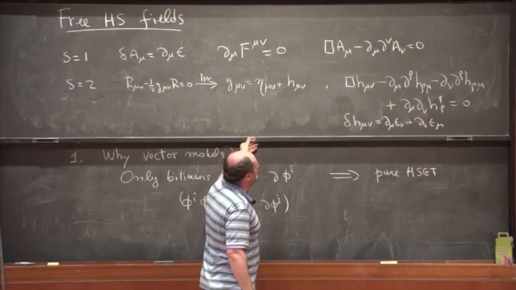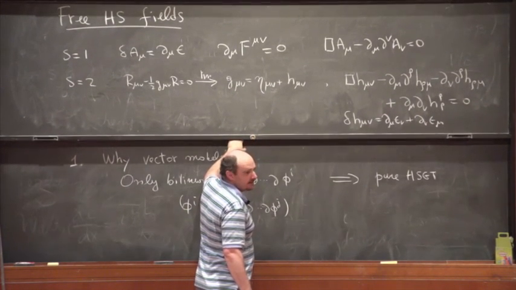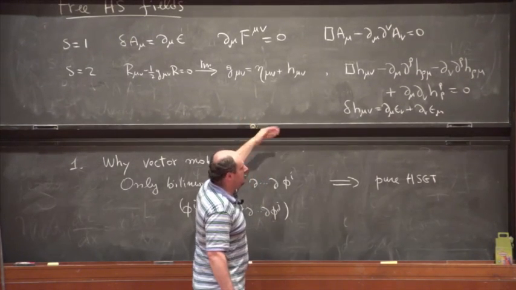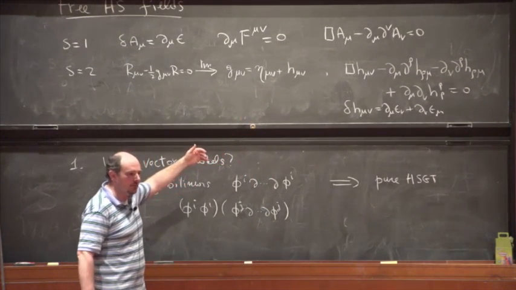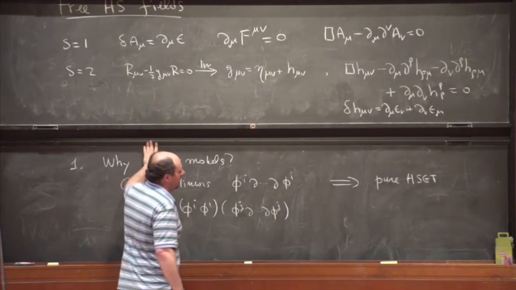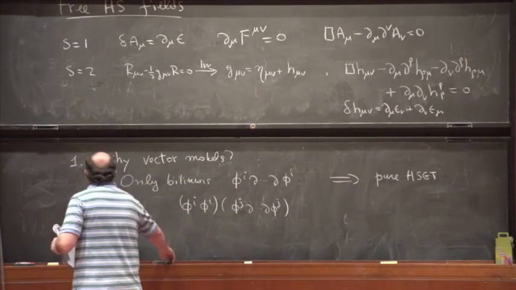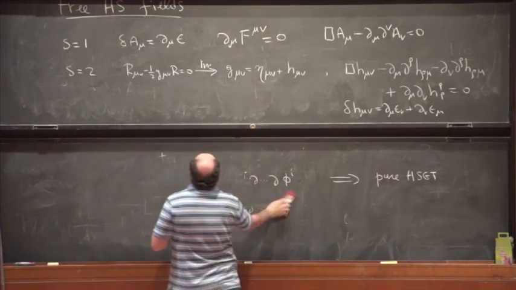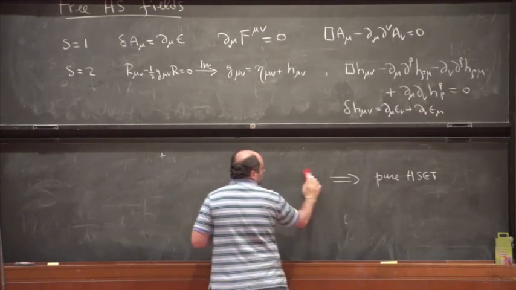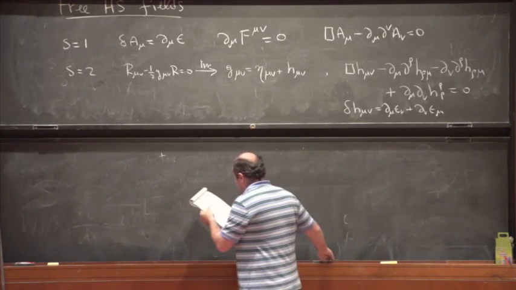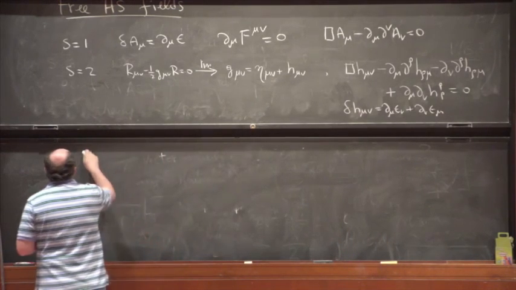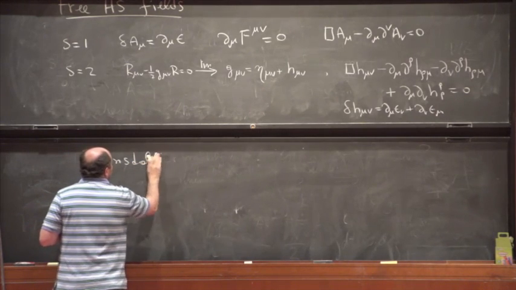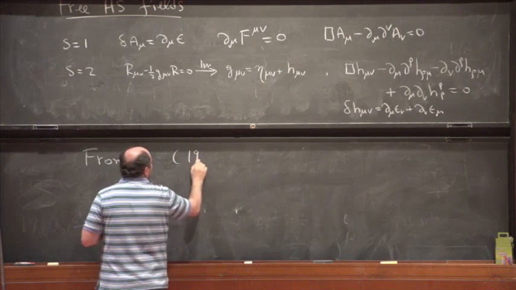Okay, so how to generalize this to arbitrary spin? Writing down some gauge invariant equations for free higher spin fields. That was done by Fronsdal in 1978.